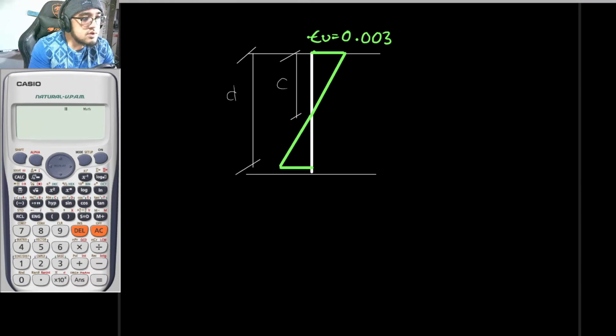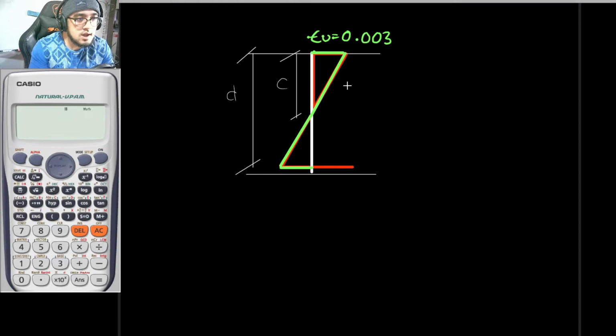So for us to determine the value for c, we can solve for it using basic trigonometry or basic geometry, or we would just be making use of ratio and proportion. So with that, guys, I will just be getting this ratio here. This triangle, and I will be comparing it with this big triangle here.